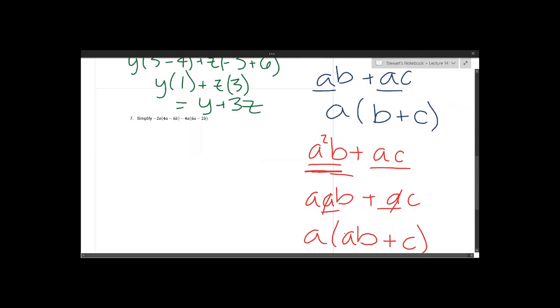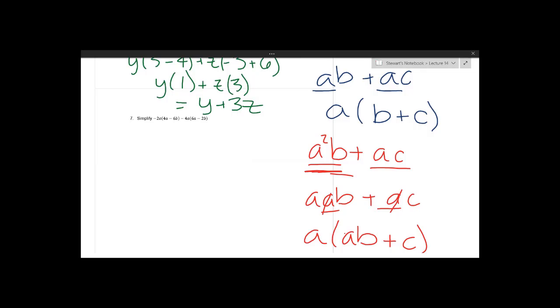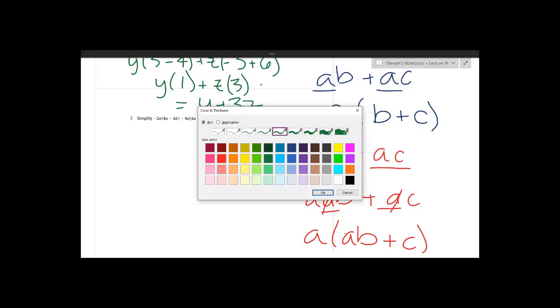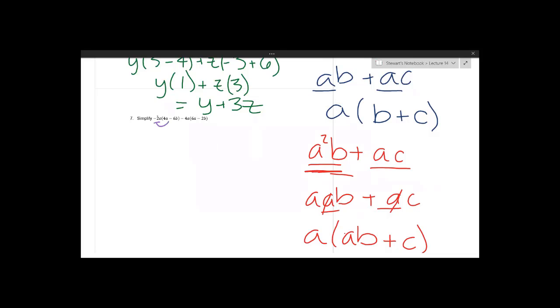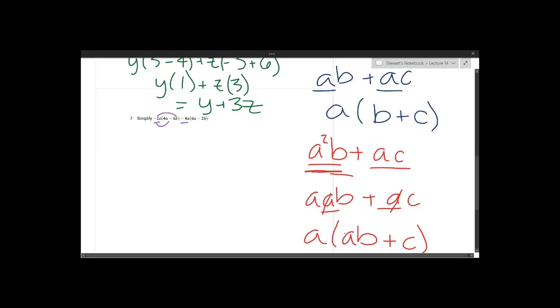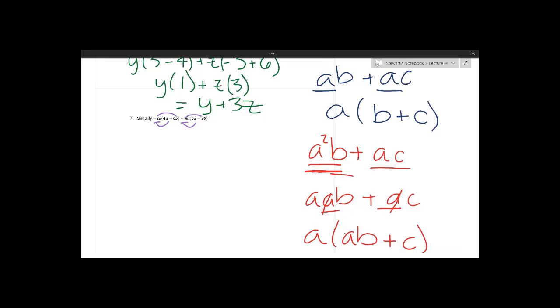Okay, so now we have to simplify negative 2a times the quantity 4a minus 6b, minus 4a times the quantity 6a minus 2b. So what we're going to do first here is distribute this negative 2a to both the 4a and the minus 6b, and distribute this negative 4a to both the 6a and the 2b.